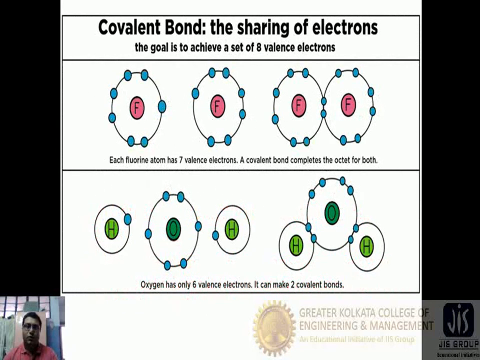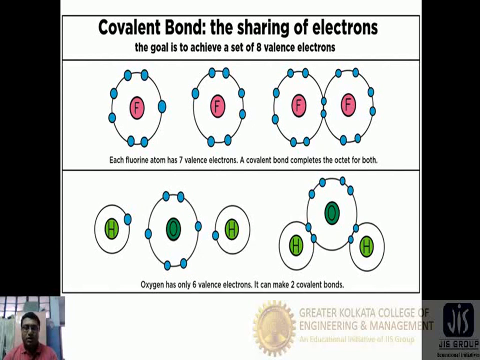Another thing is the covalent bond. The covalent bond is nothing but an electrical bond which is formed due to the sharing of electrons.